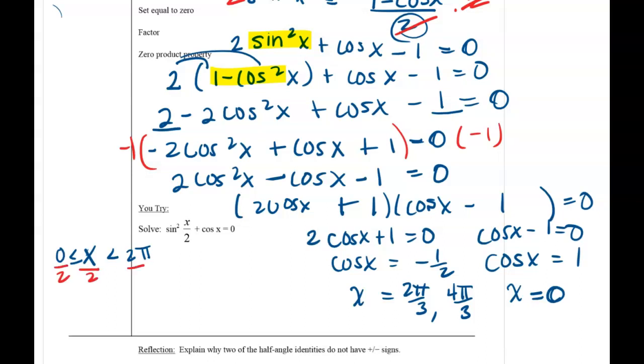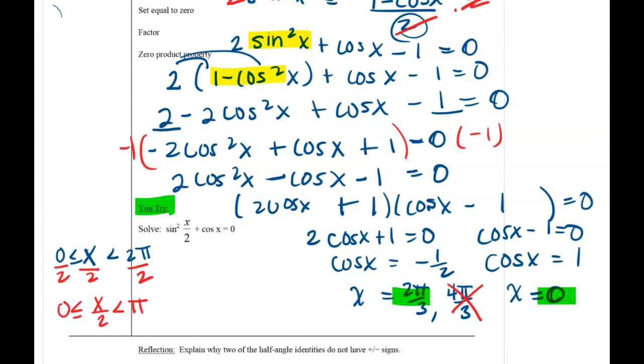So we're going to have to adjust that domain, which means that the half angle is going to be between 0 and pi. So 4 pi over 3 is not between 0, including 0, and pi. And so our two answers are just going to be 2 pi over 3 and 0.